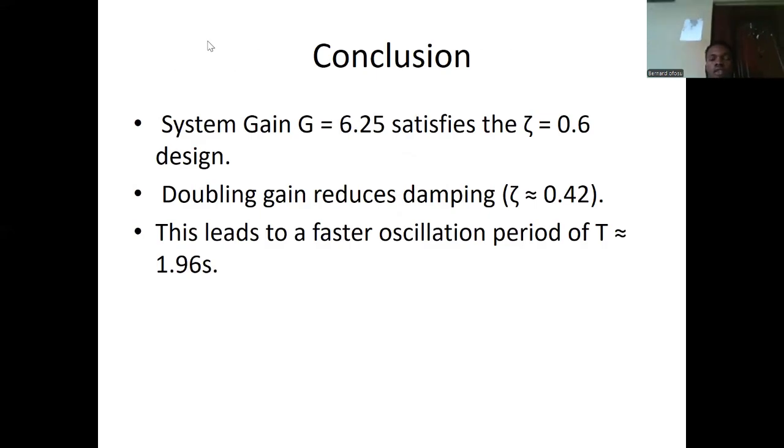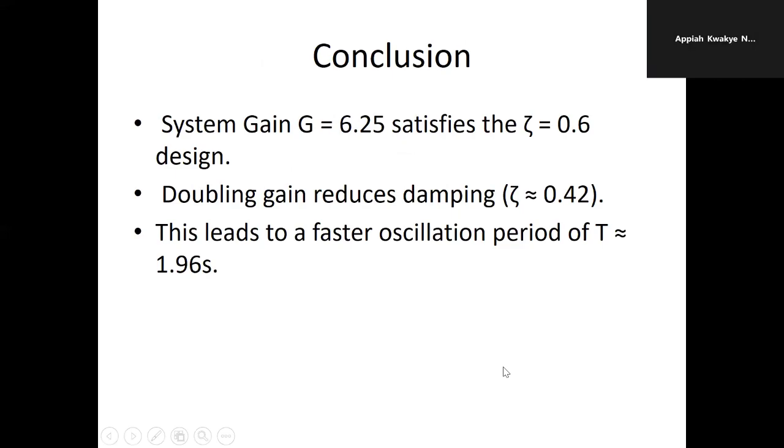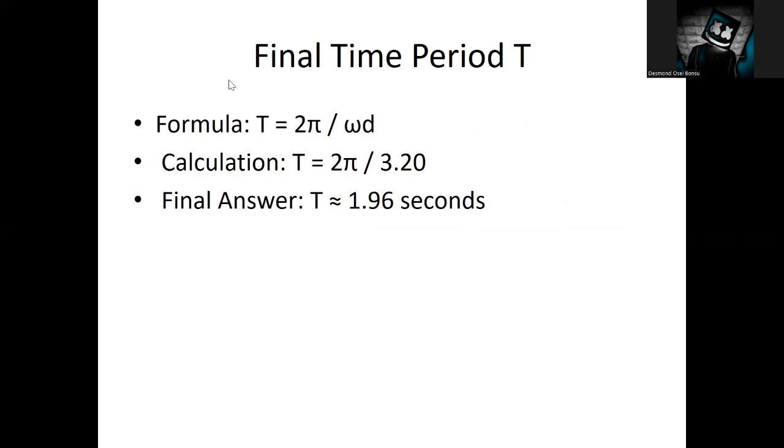In the analysis, we explored the feedback control system with the open loop transfer function and unity feedback, and we derived a closed loop transfer function, which allowed us to understand how the system responds to changes in the gain.